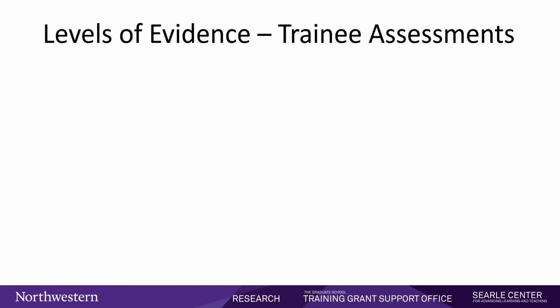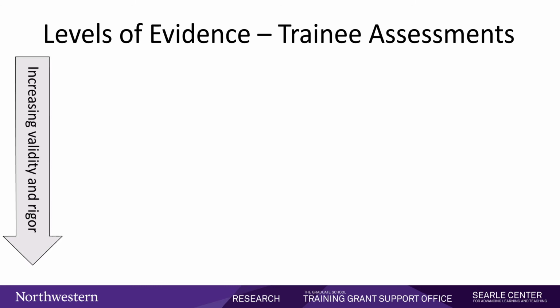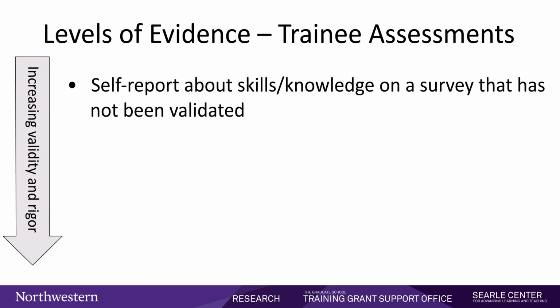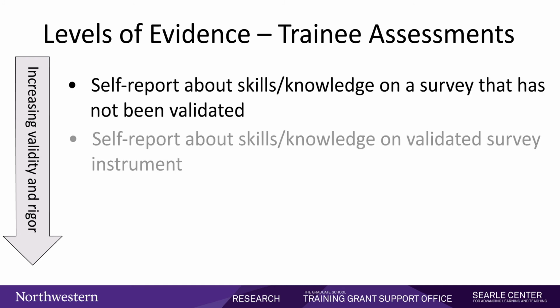The level of validity or rigor of our evidence increases as one moves from having trainees self-assess their own knowledge and skills to using validated survey instruments to examining actual trainee work using rubrics to guide assessment.